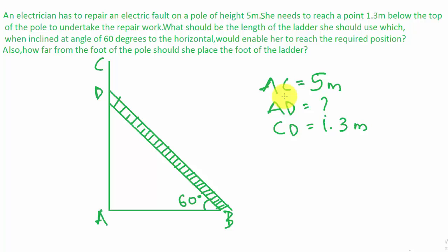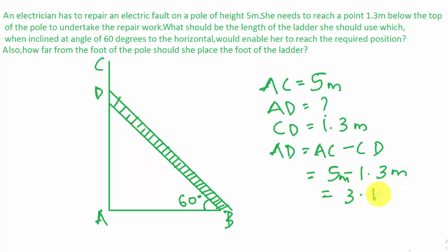Now AD, it's very clear from the figure that AD is equal to AC minus CD, which is equal to 5. Dude, use your common sense, bruh. Minus 1.3 meters equals 3.7 meters.